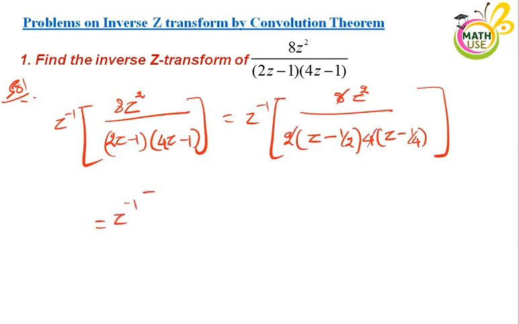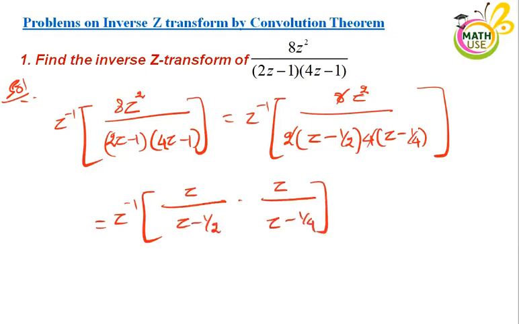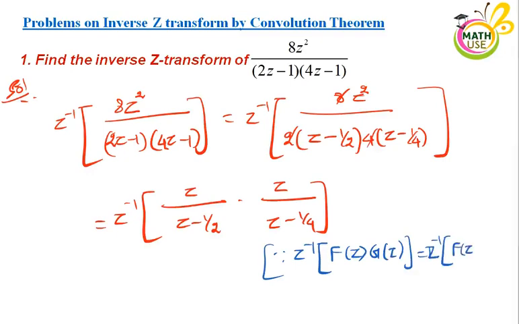So we have Z inverse of Z divided by (Z minus 1 by 2) into Z divided by (Z minus 1 by 4). And we all know the convolution theorem statement. The convolution theorem statement is: Z inverse of f of z into g of z is equal to Z inverse of f of z star Z inverse of g of z.